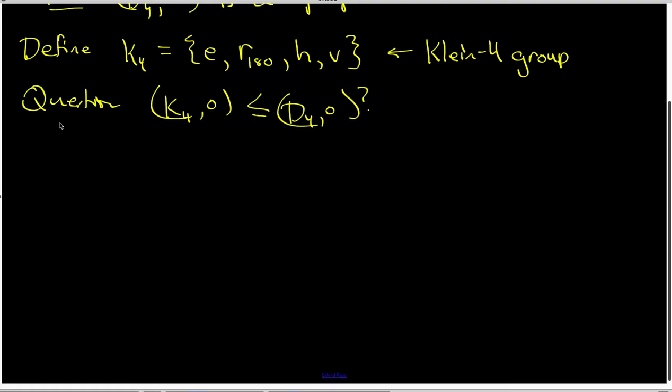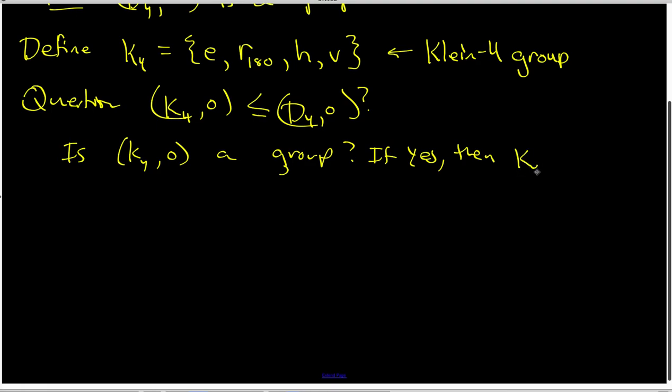At this point, what this question basically means is: is K4 under composition a group? Because if it is, then we've got a subgroup relationship up here. So if this is yes, then K4 under composition will be a subgroup of D4 under composition. Now, to figure out whether or not this is a group, we have to think along these lines.